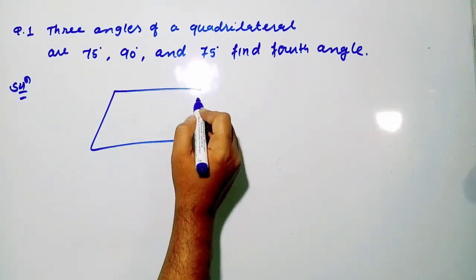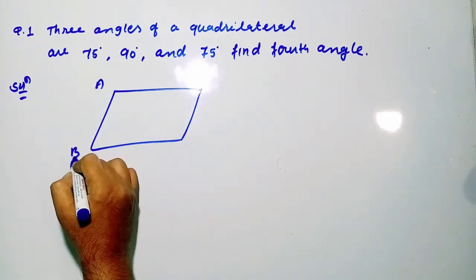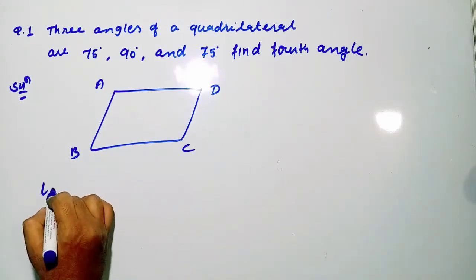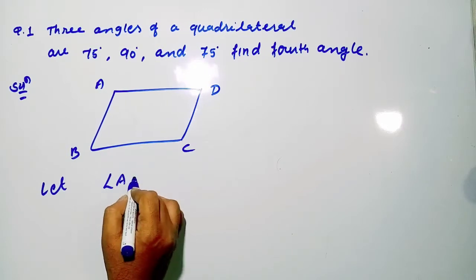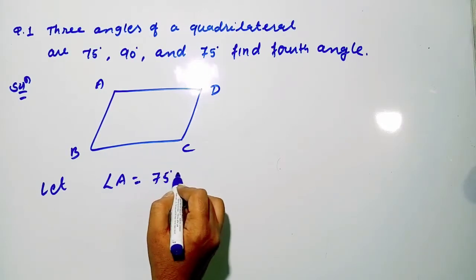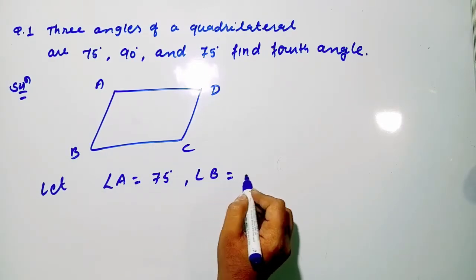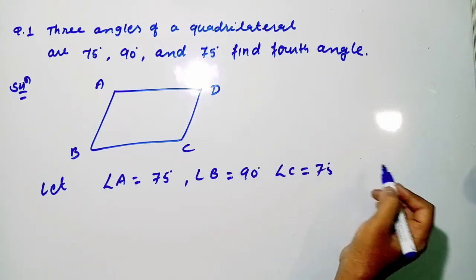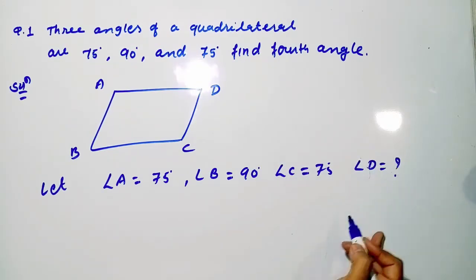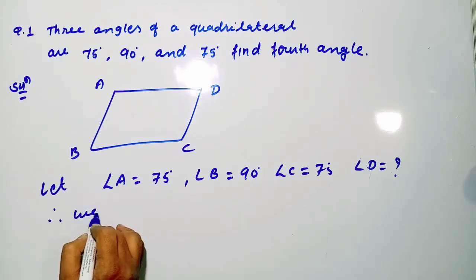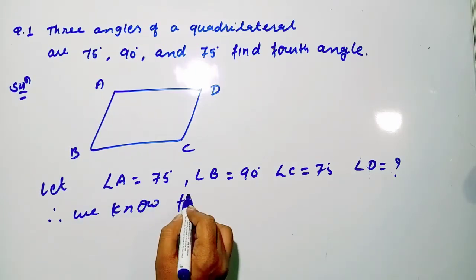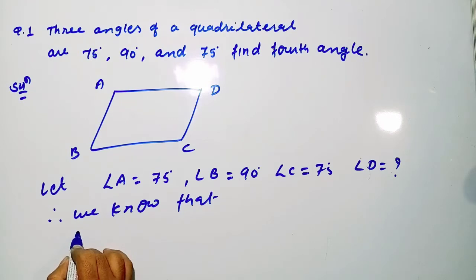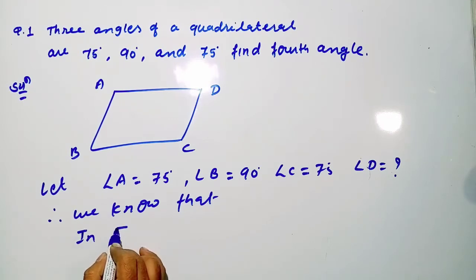So consider this is a quadrilateral ABCD. Consider angle A is 75 degree, angle B is 90 degree, angle C is 75 degree, angle D is unknown. So we know that students, sum of all the angles of a quadrilateral is 360.